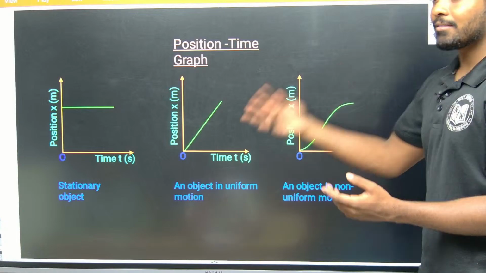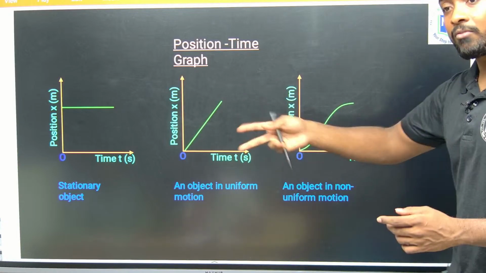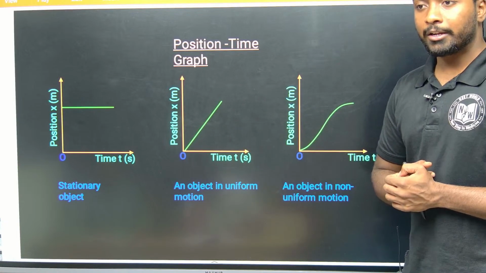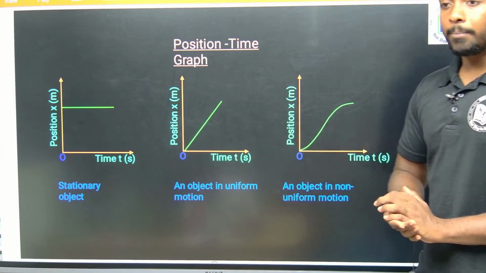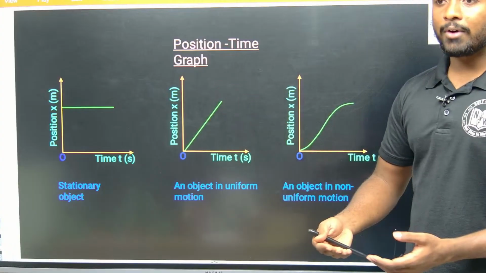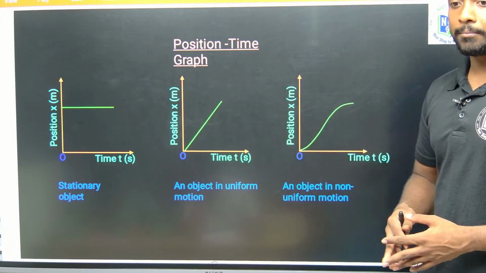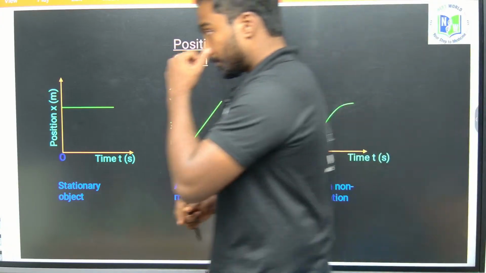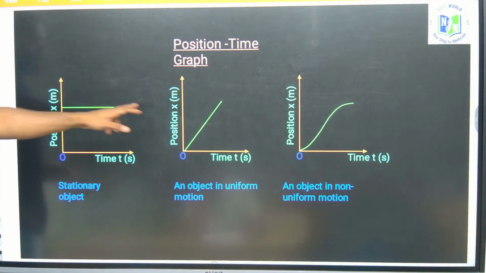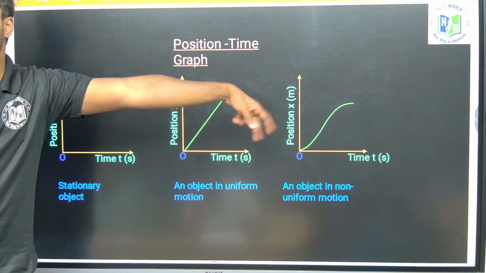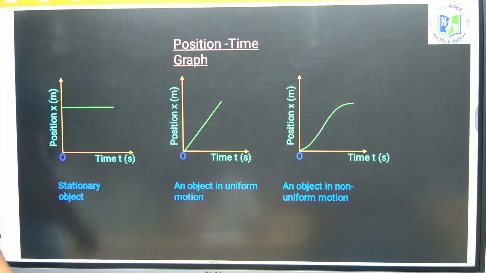It can be less than or greater than, whatever it is, but it will be different. Considering the slope, I am saying that it's non-uniform. If the angle is the same, it's uniform. If the angle is not the same, it's non-uniform. Here the slope is 0, then a constant slope, then a variable slope. That's it. Got it?